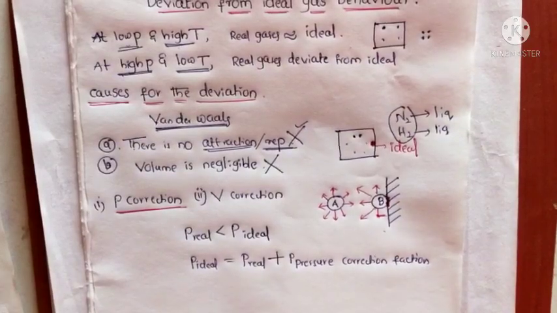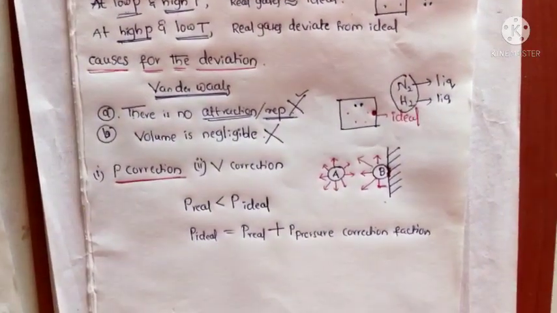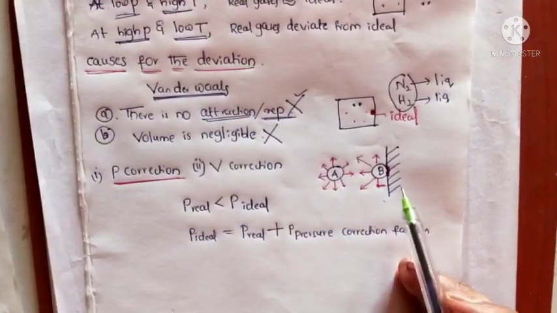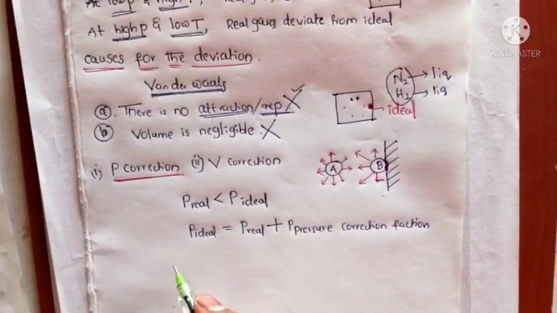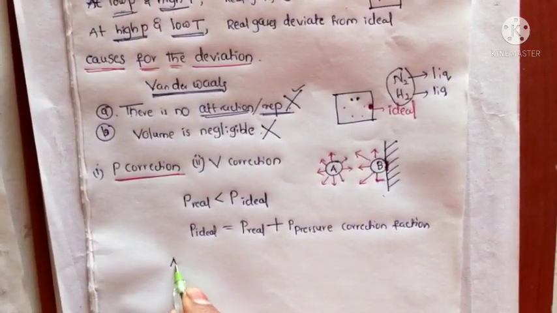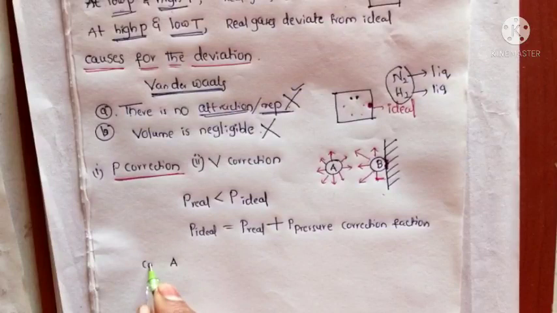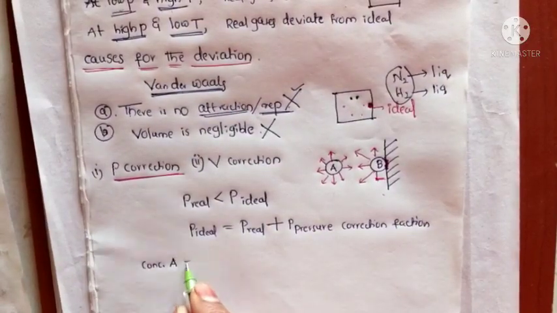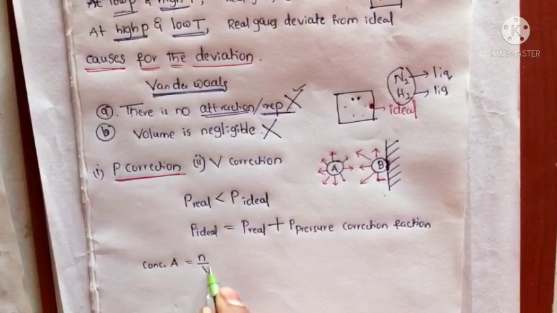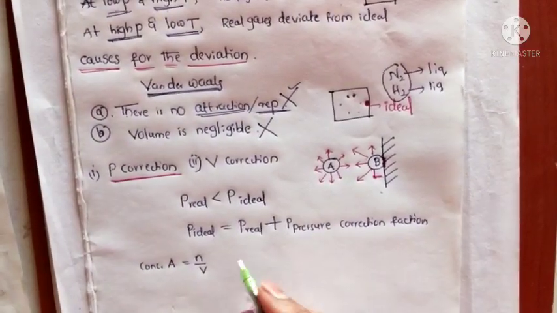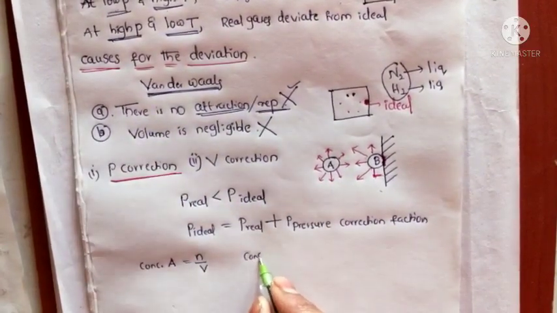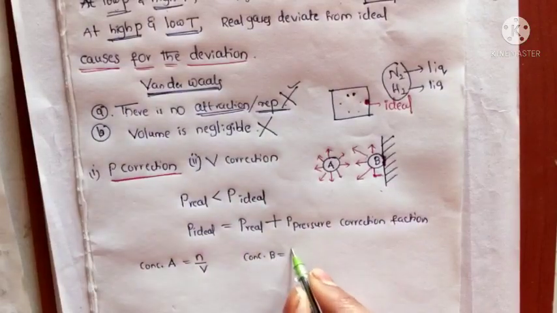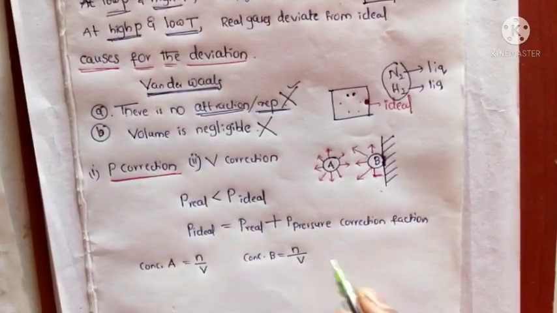We know that two types of molecules are there. The concentration of A type molecules is n by V, and the concentration of B type molecules is also n by V.